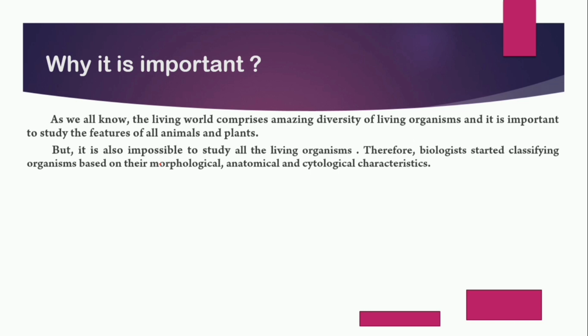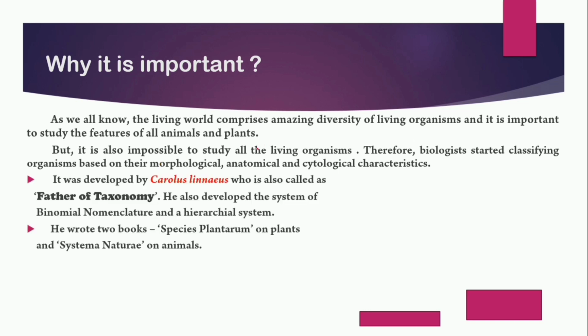Now, who was known as the father of taxonomy, or who brought in this system, who classified organisms first? It was developed by Carolus Linnaeus, who is also called the father of taxonomy. He also developed the system of binomial nomenclature and a hierarchical system. He wrote two books, Species Plantarum on plants and Systema Naturae on animals.